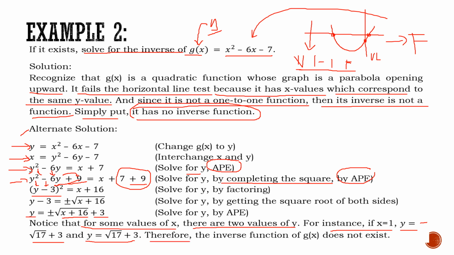Therefore, the inverse function of g of x does not exist. That's the reason why, if the given function is not a one-to-one function, there is no inverse function, because only a one-to-one function has an inverse function. So you need to take note of that.